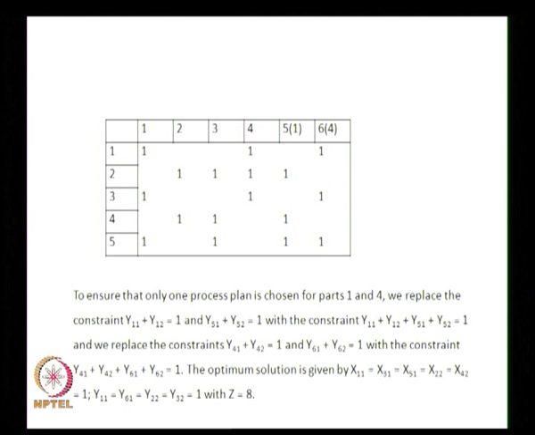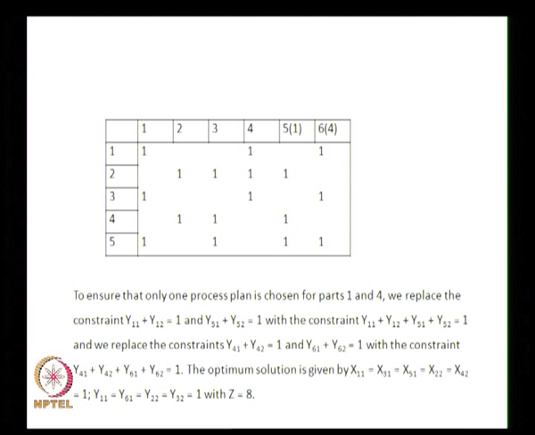So, part 1 can be manufactured using a process plan that follows a sequence or that visits machines 1, 3 and 5, or part 1 can also be done by visiting machines 2, 4 and 5 as an alternate process plan. Similarly, column 6 or process plan 6 is an alternate process plan to make part 4.